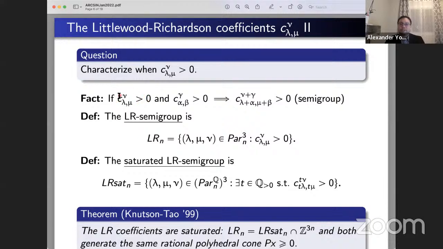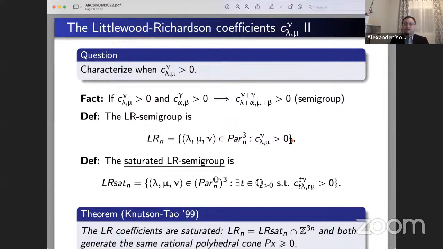And I have another triple, then when you add the triples together, that will also be a triple. And so that's semigroup structure, right? Therefore, that allows me to define the LR semigroup. It's just going to be all triples of partitions where the coefficient is non-zero. And I want to study that, at least as a structure of a semigroup.